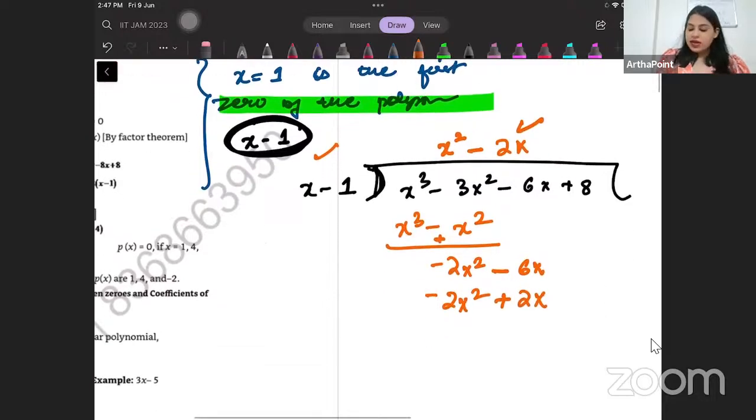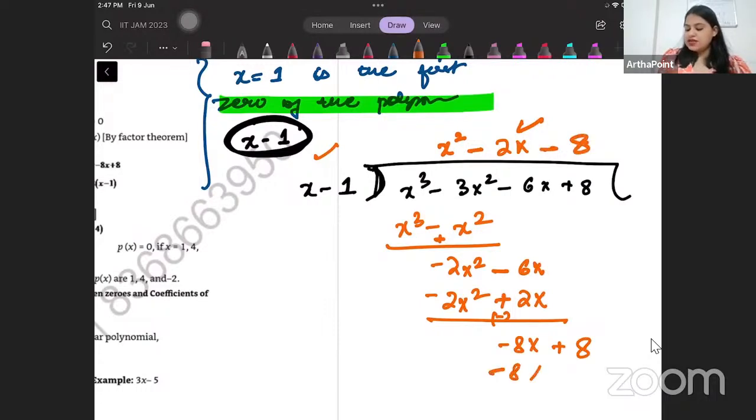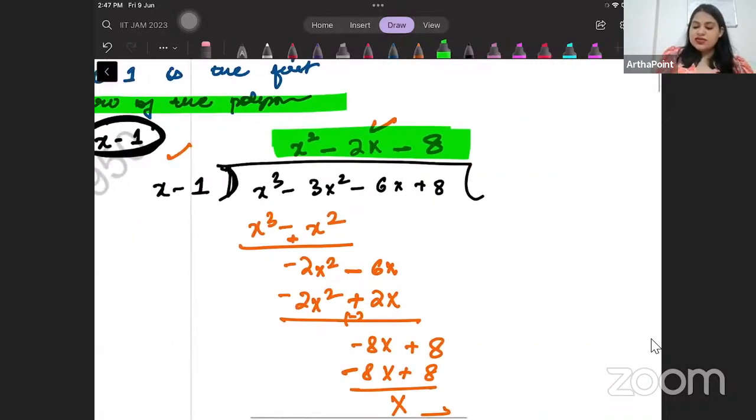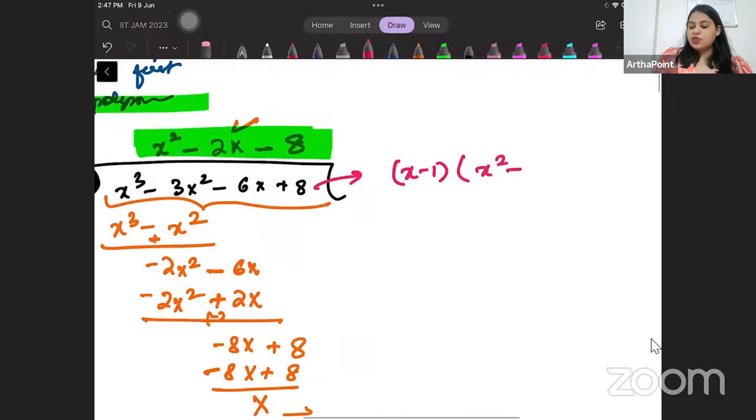And then this will be minus 8x plus 8, minus 8x plus 8 gives 0. So the remaining factor is this, which means the polynomial can be rewritten as x minus 1 into x square minus 2x minus 8.